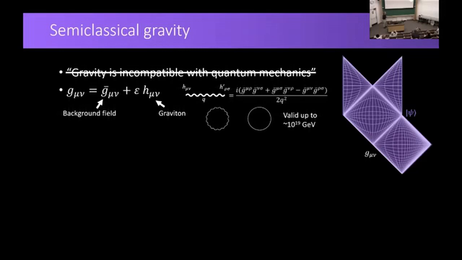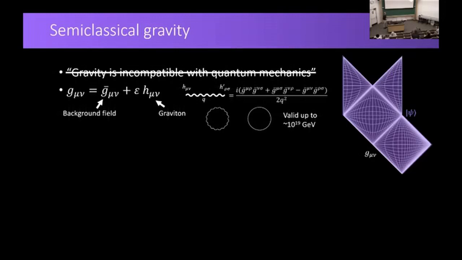So the Large Hadron Collider is many, many orders of magnitude below that. And the highest energy cosmic ray we've ever observed is only 10^11 GeV. And so we should expect that this should be completely valid for anything that we would deal with in the real world. And there are two diagrams that are important.